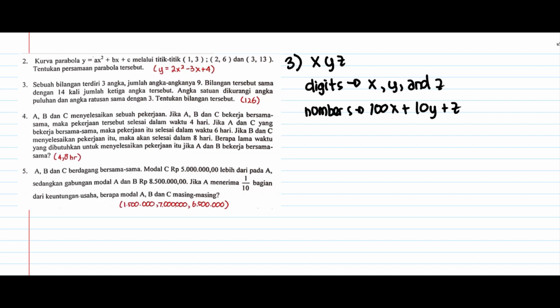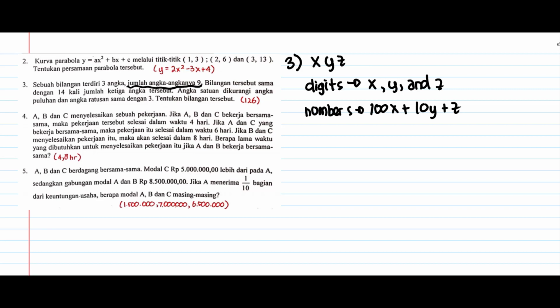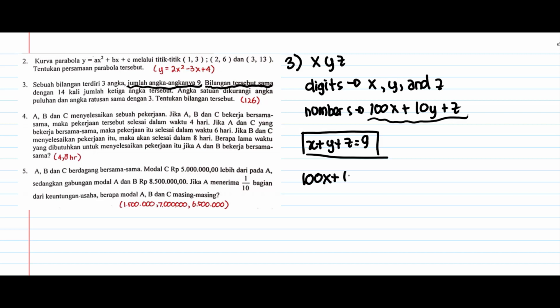Yuk baca dulu. Sebuah bilangan terdiri dari 3 angka. Jumlah angka-angkanya adalah 9, berarti jumlah digit-digitnya adalah 9. Digitnya dijumlahin berarti x tambah y tambah z sama dengan 9. Bilangan tersebut berarti numbersnya, jadi kamu tulis 100x tambah 10y tambah z sama dengan katanya 14 kali jumlah ketiga angka tersebut.